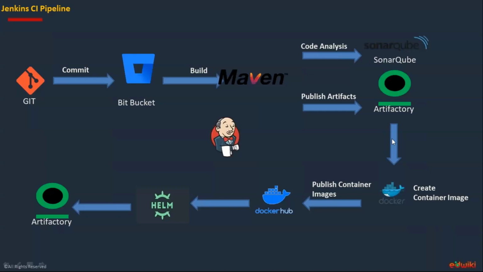I'm just trying to give you some background of what I'm targeting. So the Jenkins CI pipeline is the automation pipeline taking care of integrating multiple tools together to run in a sequential fashion, to ensure that the build happens when the source code is committed to Bitbucket.